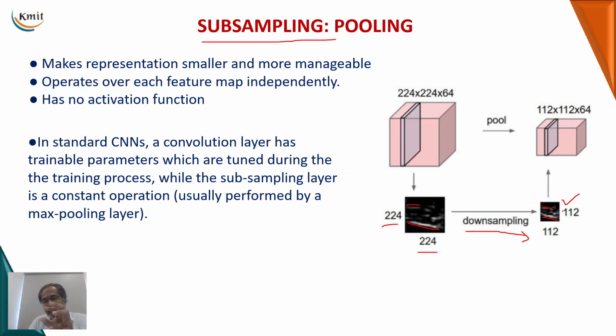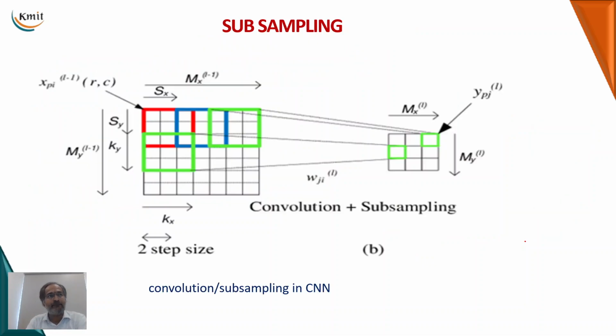The intensity is there, but the unimportant pixels are removed. So the pooling layer will take the important features, high intensity pixels, and remove the low intensity pixels, so that our feature map will be generated with important pixels, right?